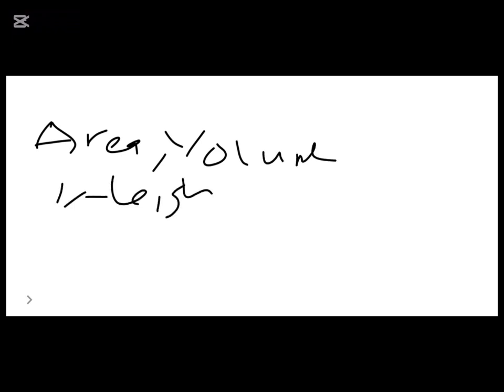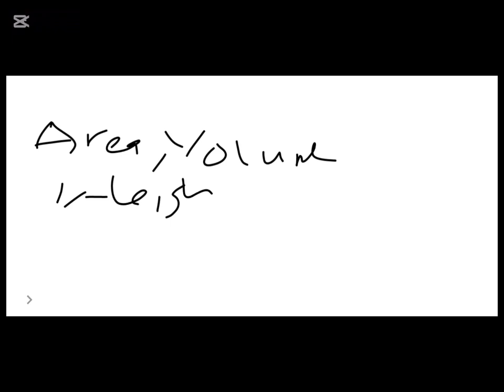Examples of derived quantities include area, volume, weight, density, velocity, acceleration, direction, pressure, kinetic energy, work, frequency, power. They are all derived quantities, and we said that they come from two or more basic quantities.